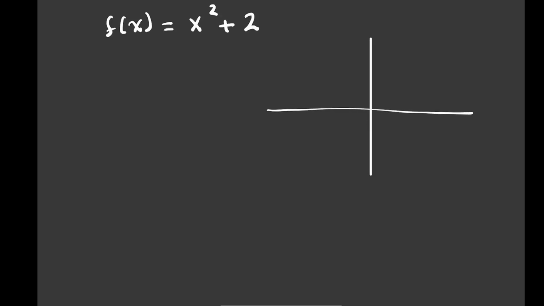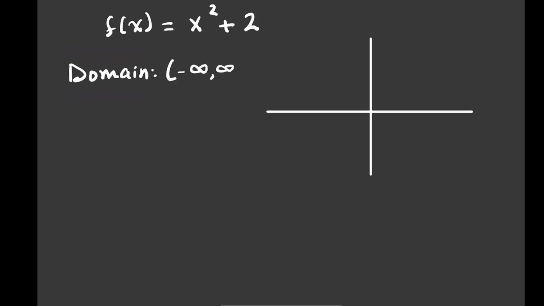So for example, if I have f of x is equal to x squared plus 2, notice that this is a parabola, since the highest power is a 2. And we know that for a parabola, the domain is all real numbers, so I can input any real number, meaning my domain is from negative infinity to infinity.